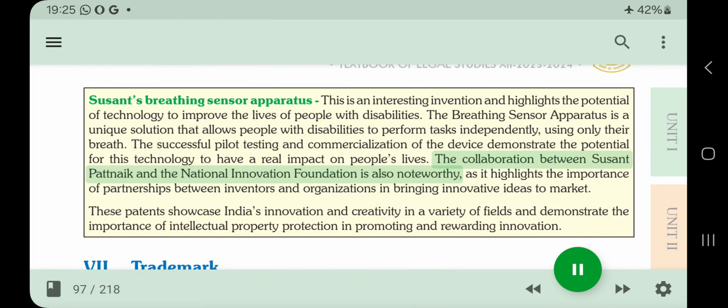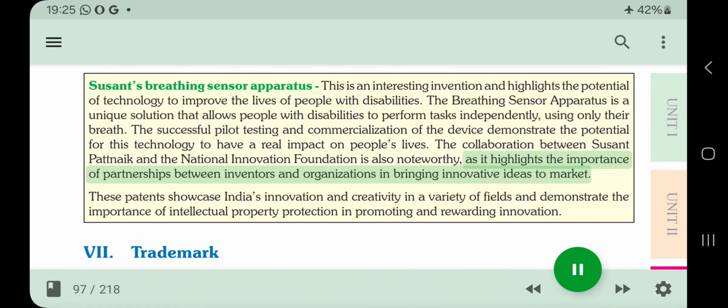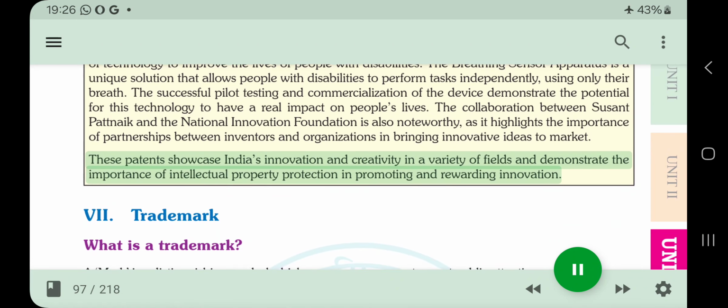The collaboration between Sushant Patnaik and the National Innovation Foundation is also noteworthy, as it highlights the importance of partnerships between inventors and organizations in bringing innovative ideas to market. These patents showcase India's innovation and creativity in a variety of fields and demonstrate the importance of intellectual property protection in promoting and rewarding innovation.